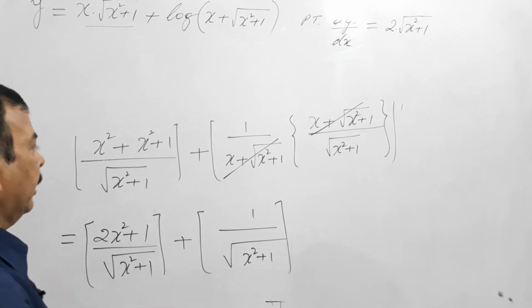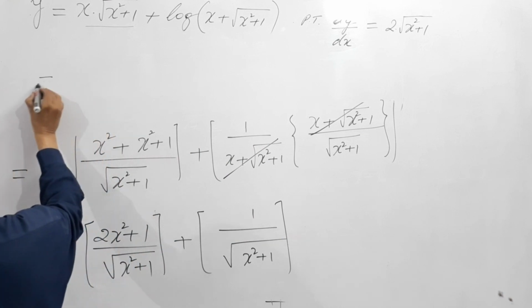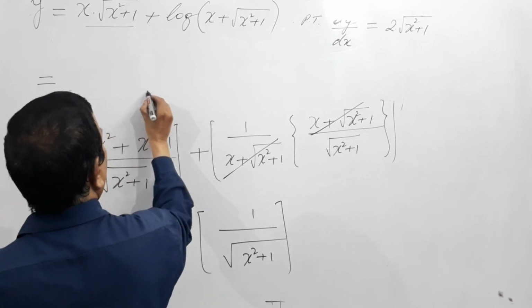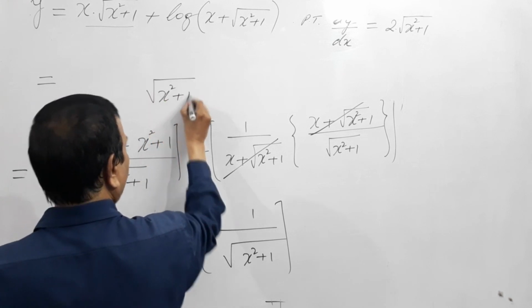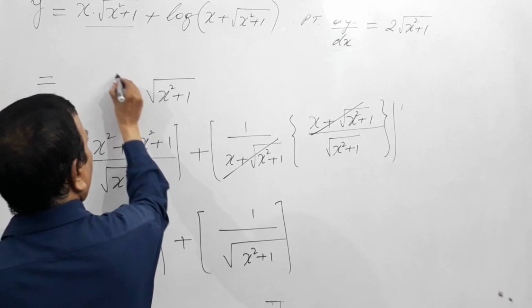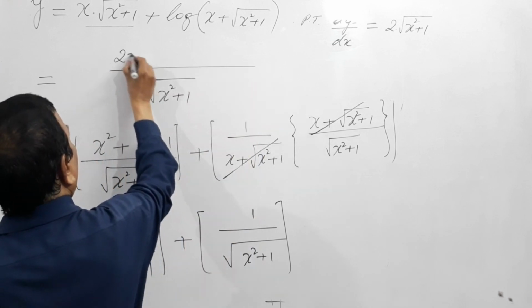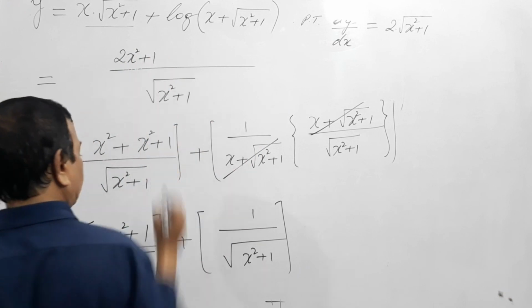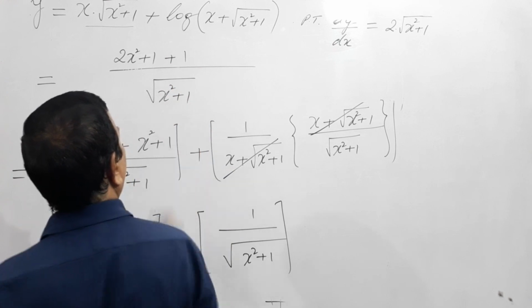I take LCM, that is under the root x square plus 1. So this is 2x square plus 1 plus 1.